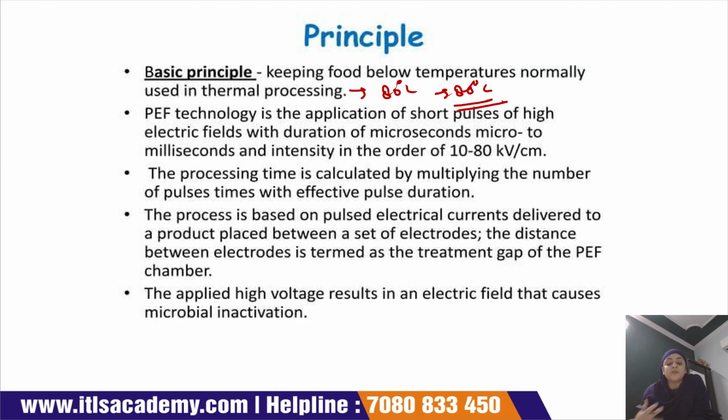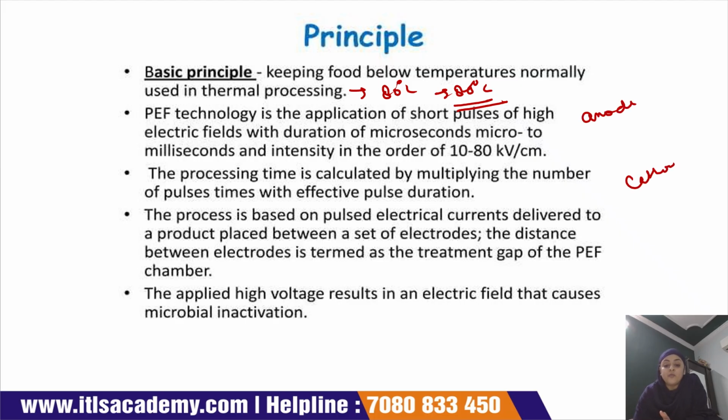This processing time is mainly calculated by multiplying the number of pulses with the effective pulse duration, and it is based upon the pulse electric current which is delivered to the food product when we place that food product between two electrodes. We all know that the pulses are generated when we have two electrodes, that is the anode and cathode.